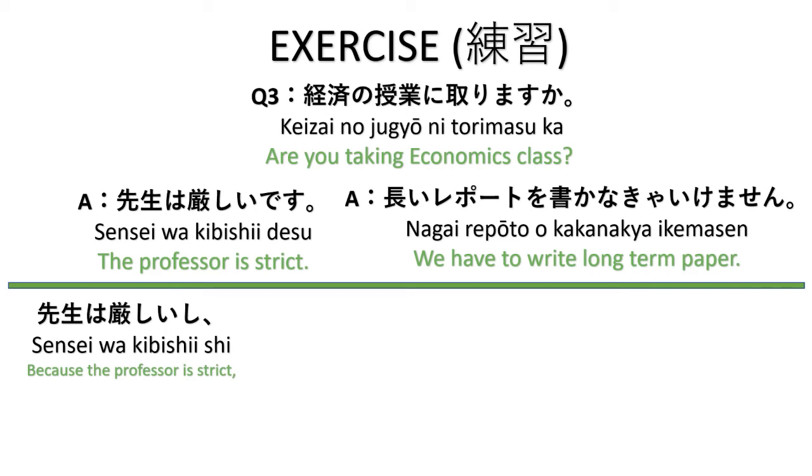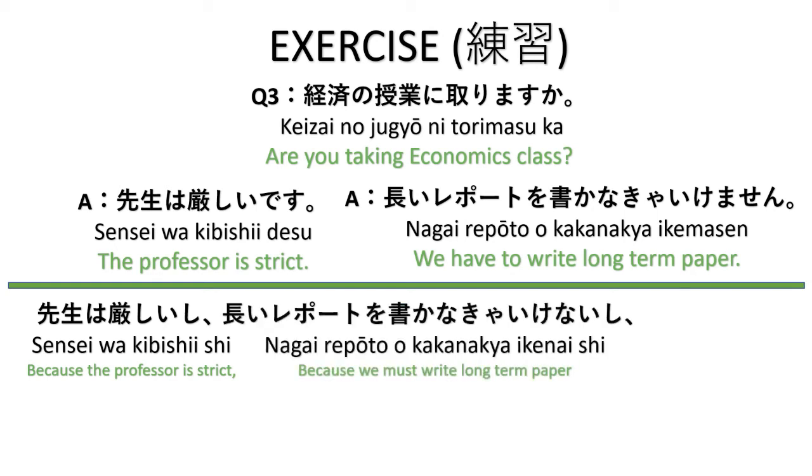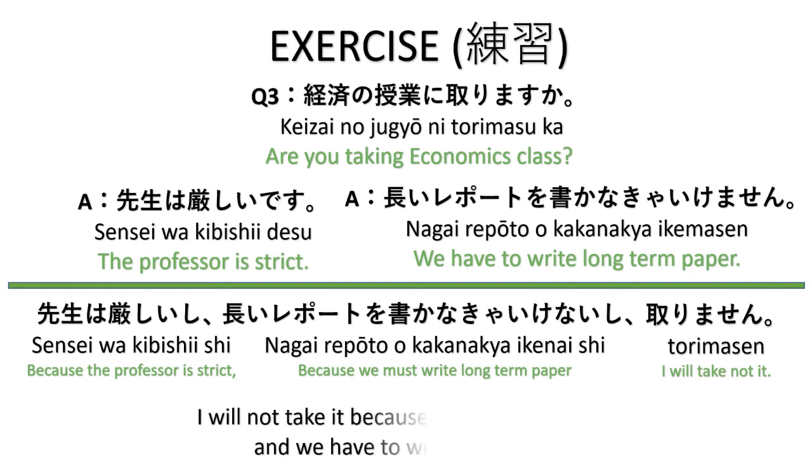So we drop this because kibishii is an i adjective. Nagai reporto o kakanakya ikenai shi. So instead of ikemasen, which is in the polite form, we use ikenai. Torimasen. I will not take the economics class because the professor is strict and we have to write long reports.